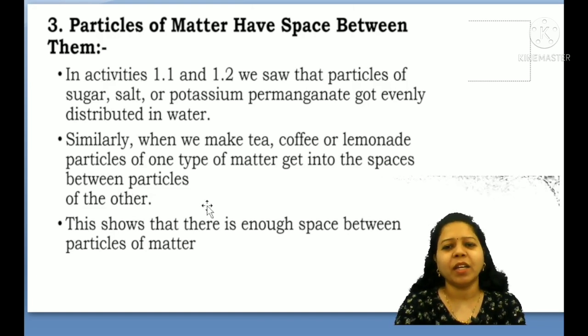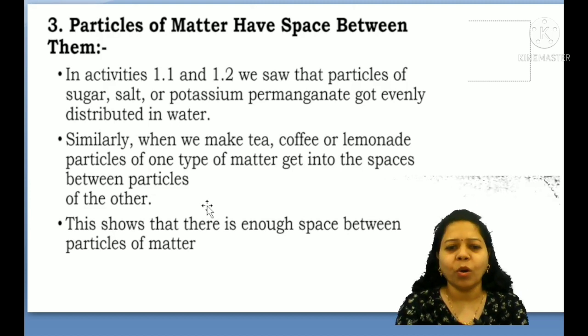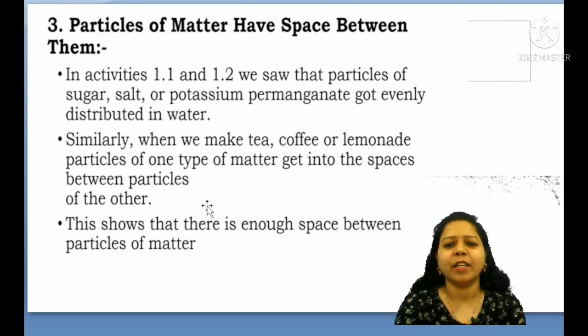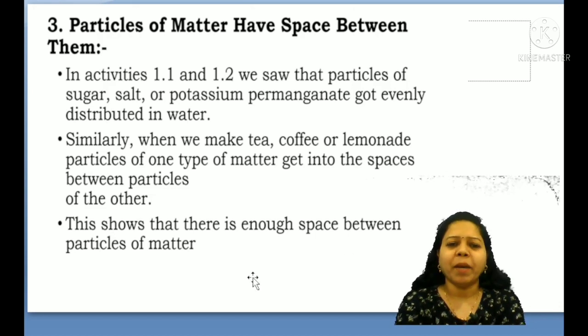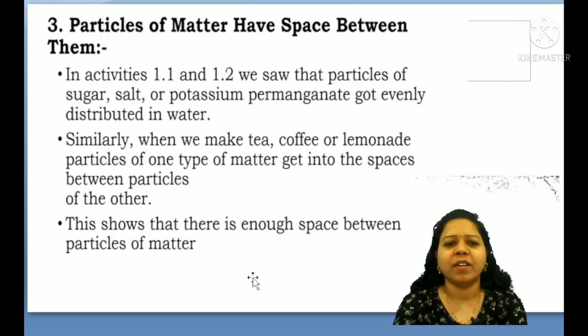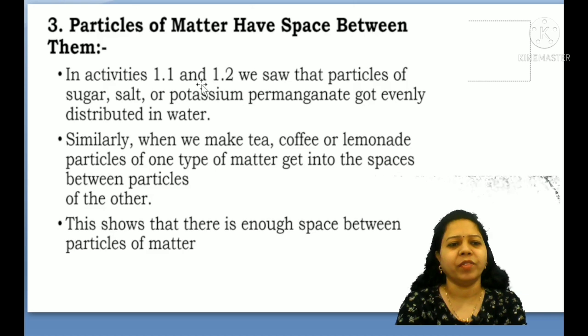This shows that there is enough space between particles of matter. By doing these two activities, we understand that particles of matter have space between them.